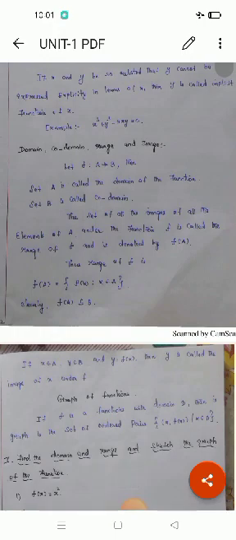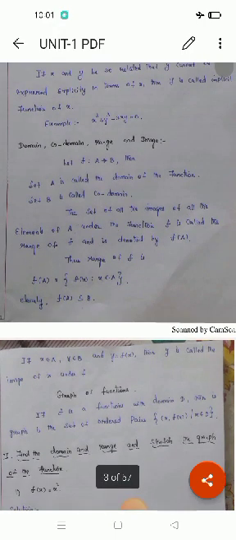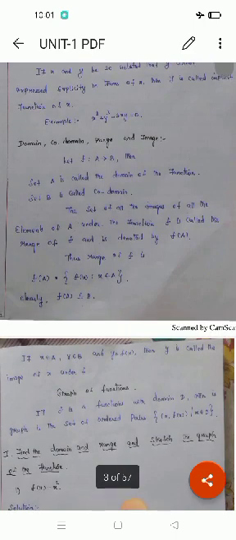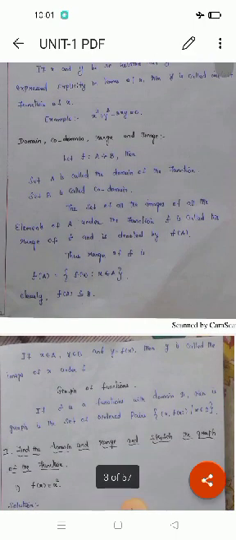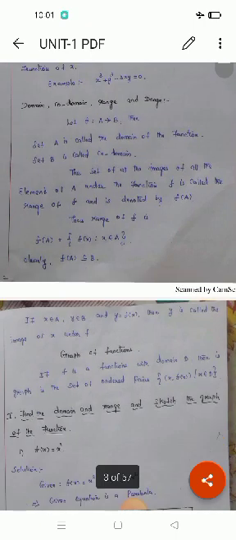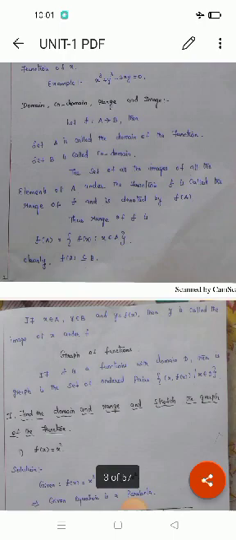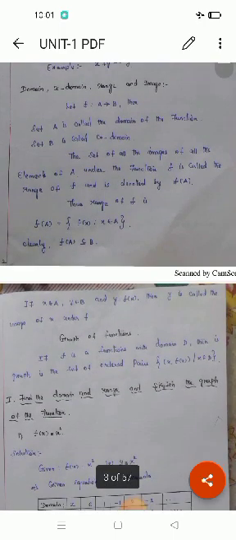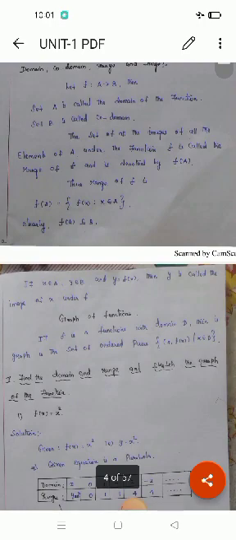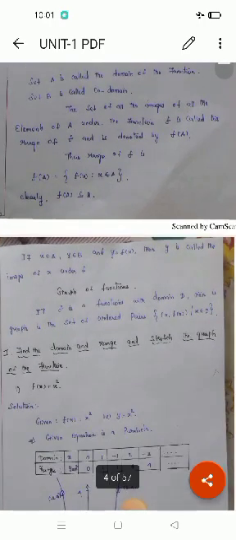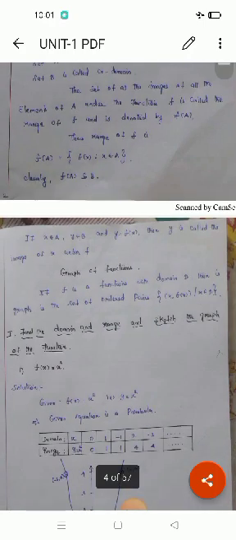The set of all the images of all elements of A under the function f is called the range of f, and it is denoted by f of A. The range of f, f of A, can be written as f of x such that x belongs to A. Clearly, f of A is contained in B. This is the definition for a range. If x belongs to A and y belongs to B and y equals f of x, then y is called an image of x under the function f.